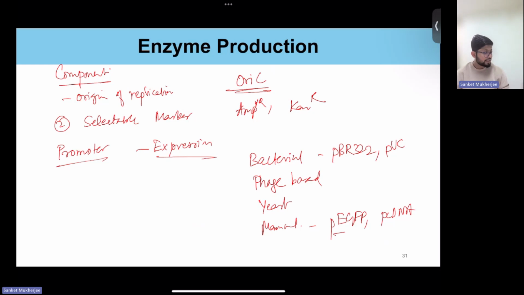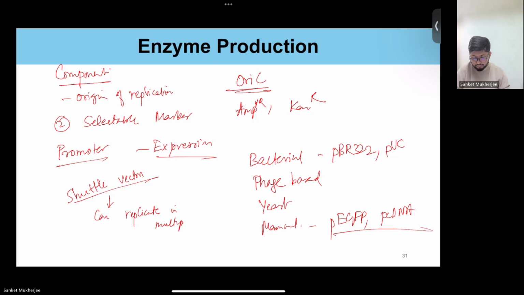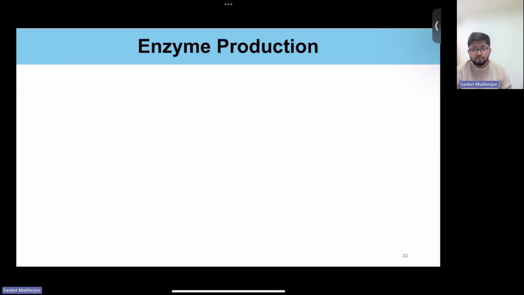These are all kinds of vectors which can be used for mammalian systems. Then there are shuttle vectors. Again, these are a little bit out of the scope of this course. Shuttle vectors can replicate in multiple hosts.